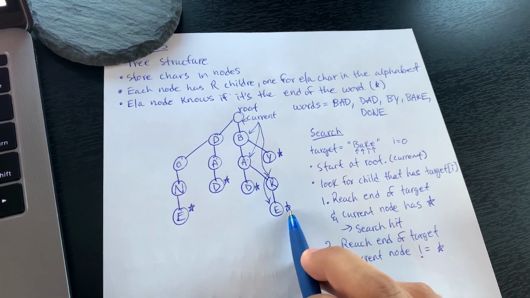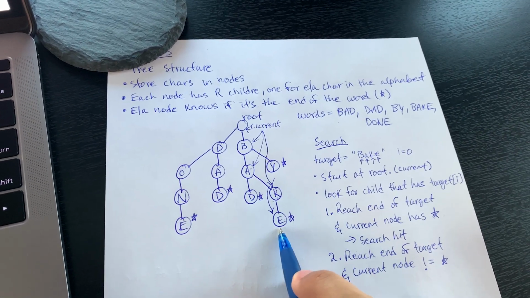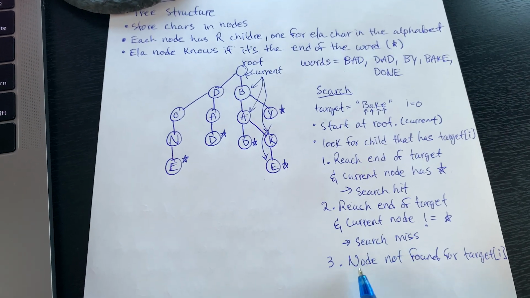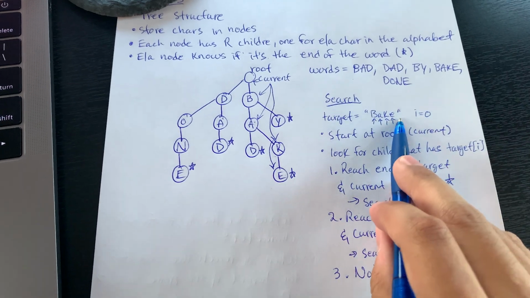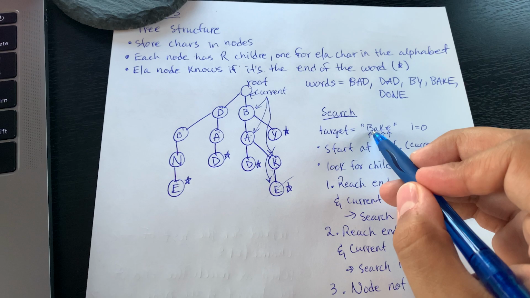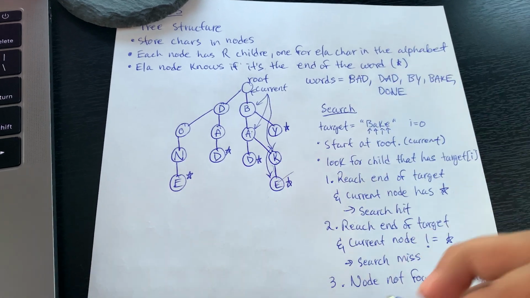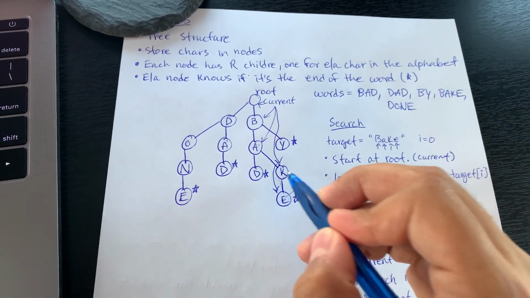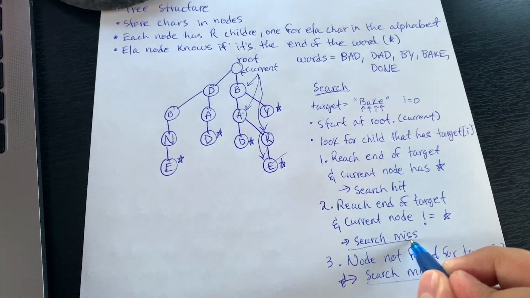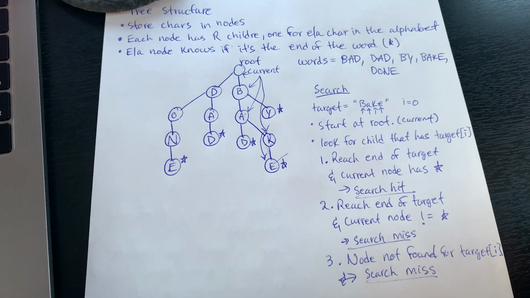That means we have a search miss because we haven't reached the end of a word after traversing the entire target. Option number 3 is simply that the node is not found for the target at I. So for example, if this E didn't exist and we were looking for bake, then we would have a search miss because K does not have a child that's an E. So in 2 cases, we have a search miss. In 1 case, we have a search hit.